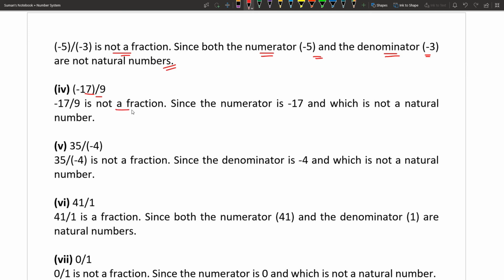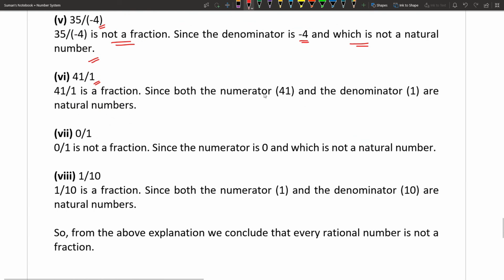Minus 17 upon 9 is not a fraction, since the numerator minus 17 is not a natural number. 35 upon minus 4 is not a fraction, since the denominator is minus 4 and that is not a natural number. 41 upon 1 is a fraction, since both the numerator 41 and the denominator 1 are natural numbers. 0 upon 1 is not a fraction, since the numerator is 0 and that is not a natural number. 1 upon 10 is a fraction, since both the numerator 1 and the denominator 10 are natural numbers.